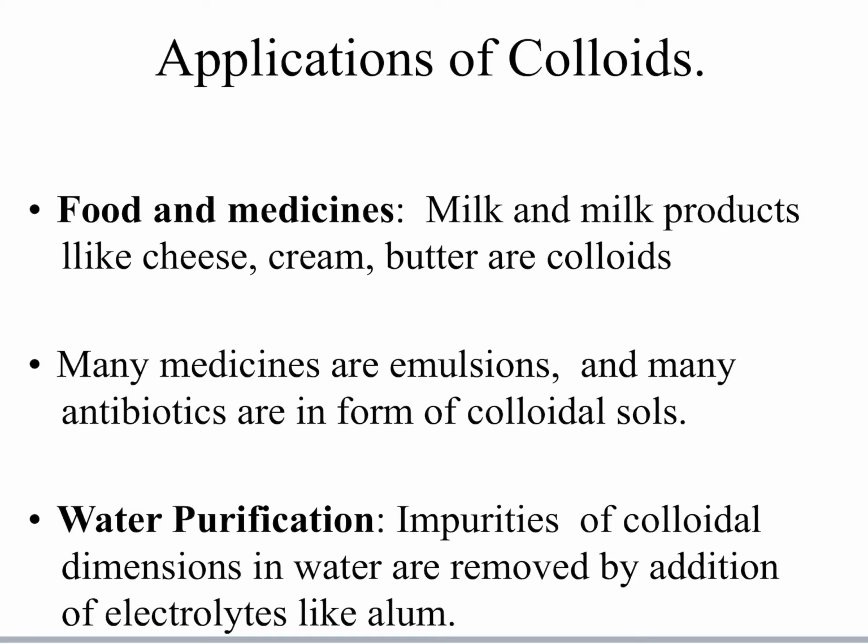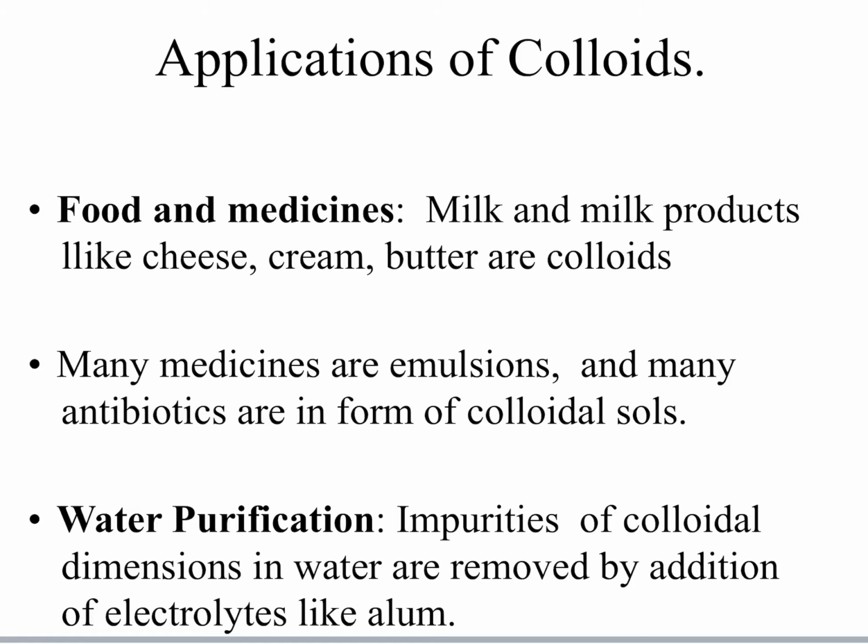So when these electrolytes are added to the water, they neutralize the charge present on the dispersed phase particles. Once the charge is neutralized, they come together and form larger aggregates. Because of that, they settle down at the bottom of the container. So the minute colloidal impurities are removed from the water. That's how water is purified.